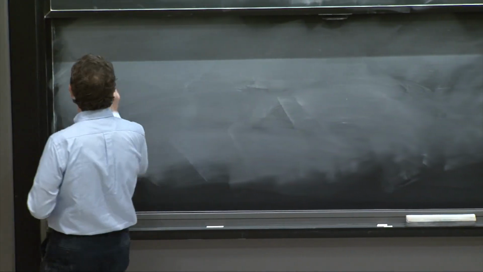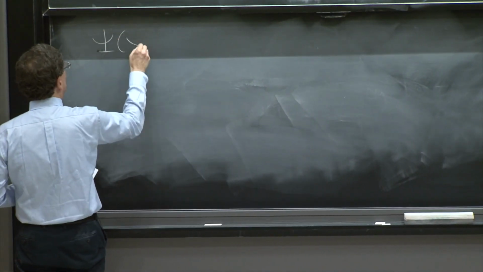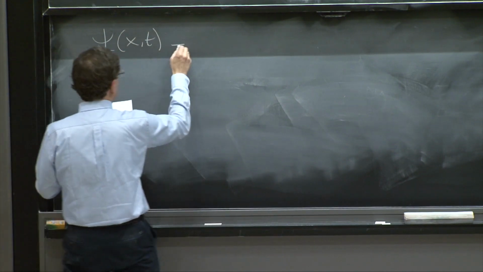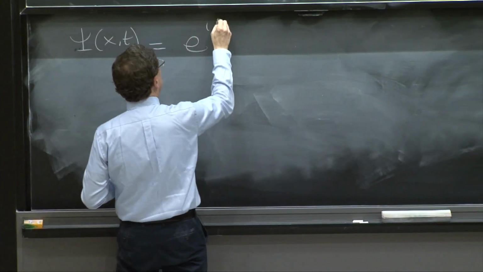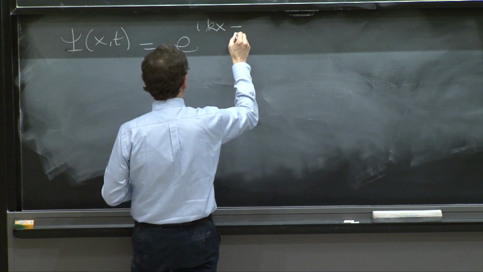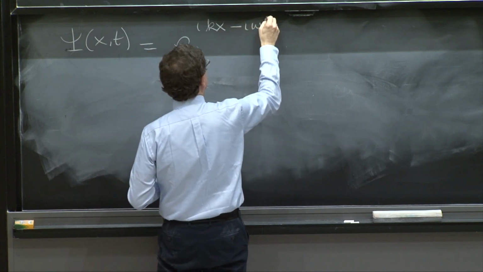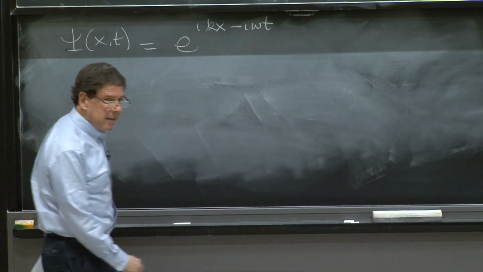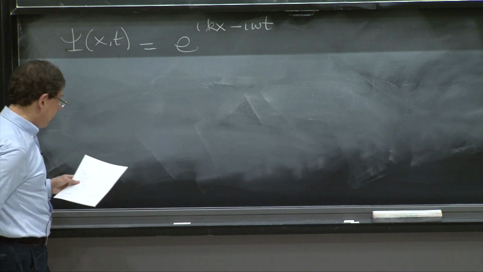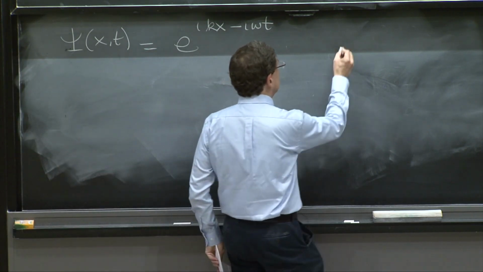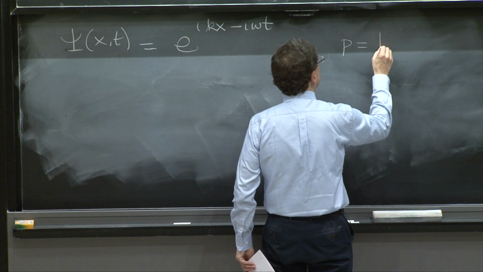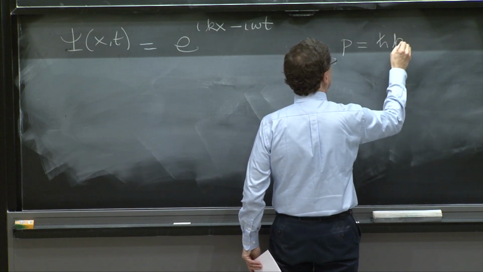So we had a psi of x and t that was e to the i kx minus i omega t. And that was the matter wave with the relations that p is equal to h bar k.